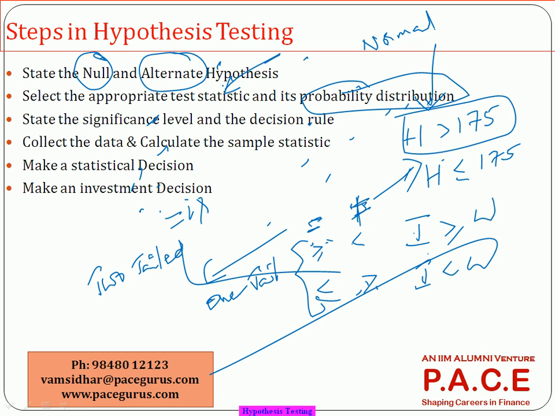As far as averages are concerned, our scope is these two distributions, and we have seen both of them are more or less the same. So we have to specify first of all whether we use a normal distribution or a t distribution. Depending on the sample size, we can say whether we are going for z or t. And test statistic is nothing but a formula.